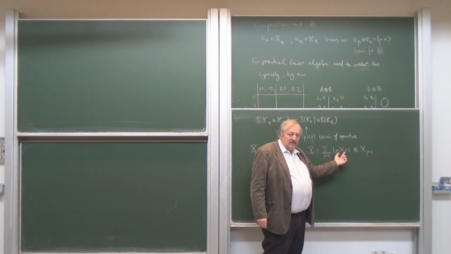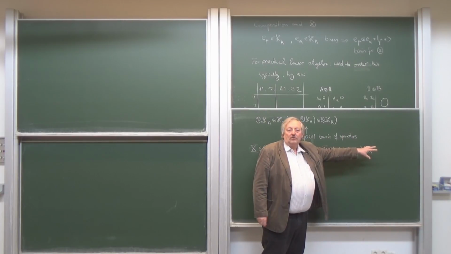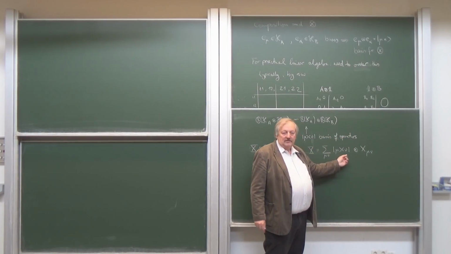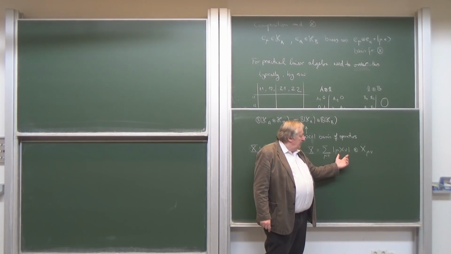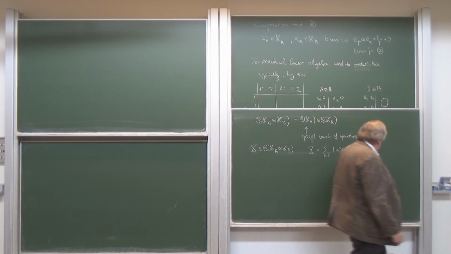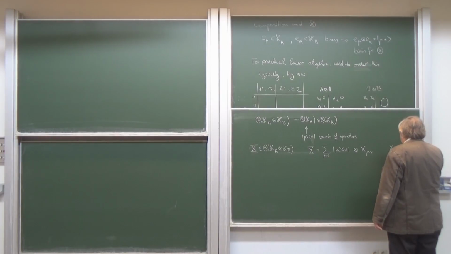Now, each one of the factors that appears in the first part can be expanded in this basis. I do that and collect the corresponding terms from all the terms in the possible sum. So every operator can be written like that in a unique way, where x mu nu is an element of the second.